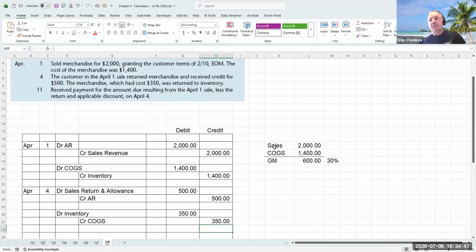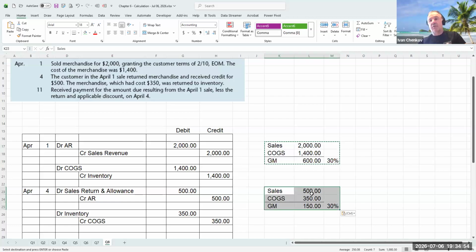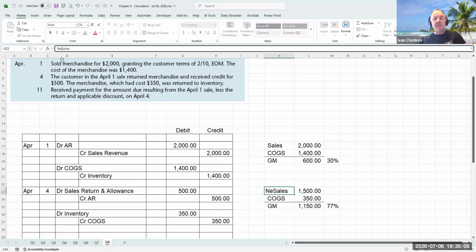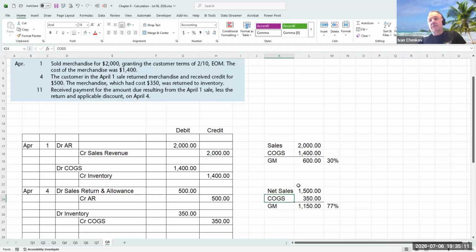Now let's see what's happened with our calculation here, where we are after this return. Originally, we have 2,000 sales, but now our sales are not 2,000. Now our sales become 2,000 minus 500, the return, so net sales. So I have to change the abbreviation here, put it net sales, 1,500.